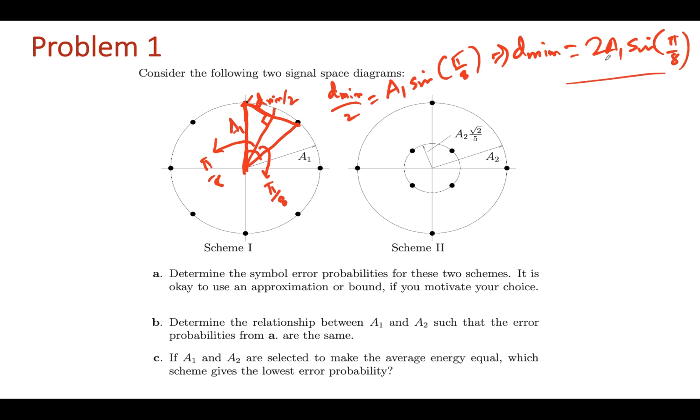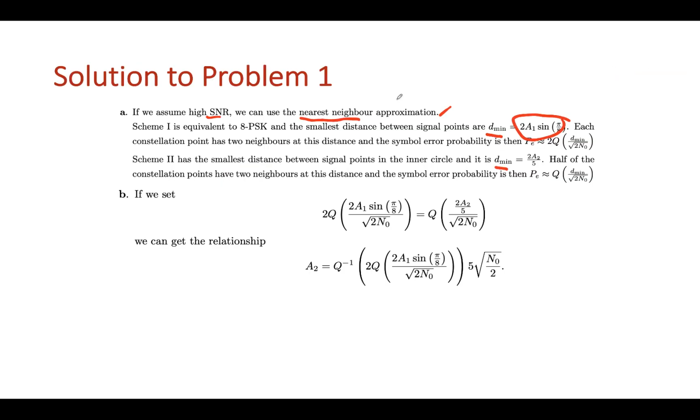So basically this is your d min, and once you calculate d min, you can easily apply the nearest neighbor approximation, and you can get your probability of symbol error. So that will be given by, for the first scheme, 1 over 8, there are 8 symbols, so 1 over 8 sum over i equal to 1 to 8.